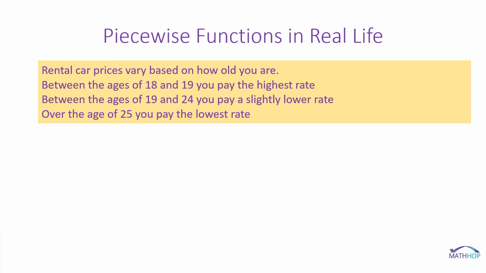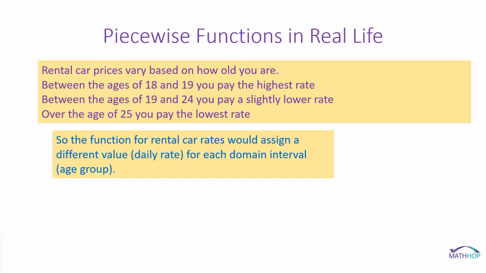Between the ages of 19 and 24, you pay a slightly lower rate. And over the age of 25, they are convinced that you are responsible enough to rent a car from them and you pay the lowest rate possible. So the function for rental car rates would assign a different daily rate for each domain interval, where each domain interval would be each age group, the three that we talked about here.